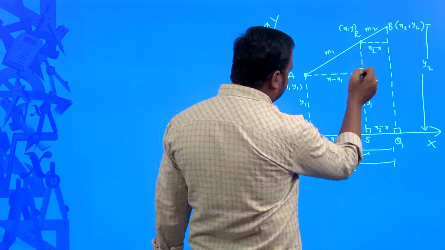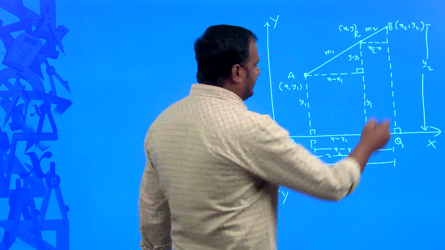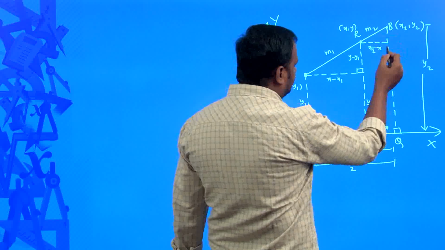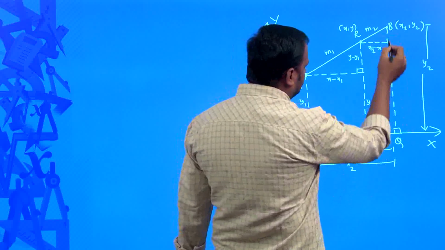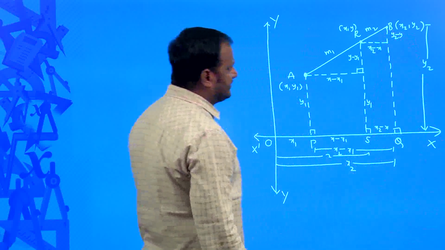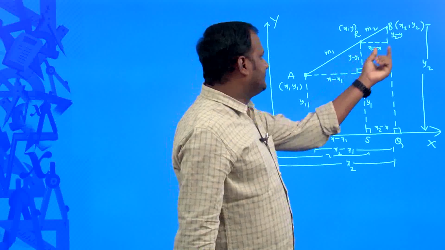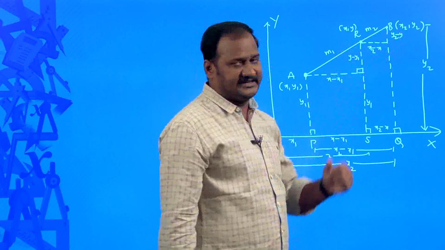So, this distance is y minus y1, right. And the total distance is going to be y2, but from here to here it is y. So, this distance is y2 minus y. Did you understand this? So, this length is x minus x1, this length is y minus y1, this is y2 minus y, this is x2 minus x.